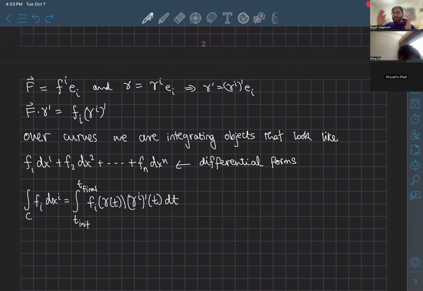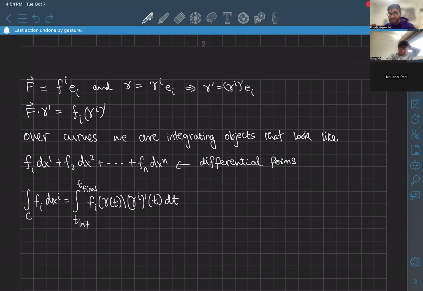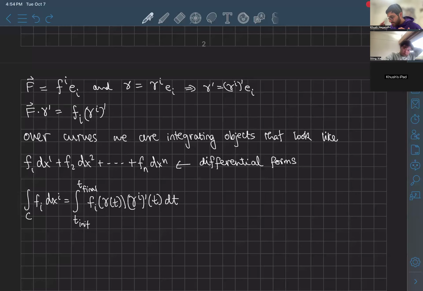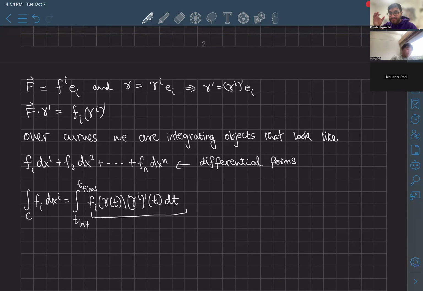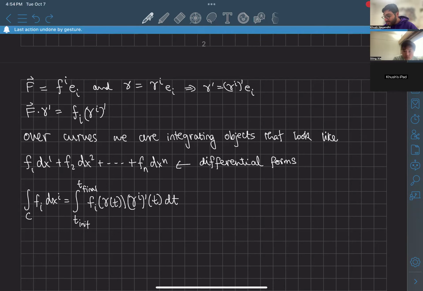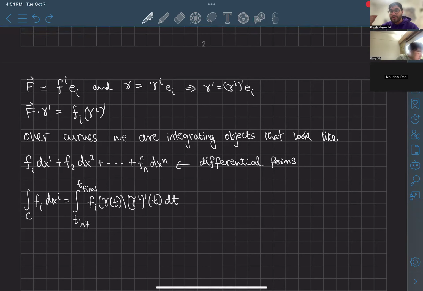But this is a one-dimensional integral we know how to do. This is just what we've learned in first year university, right? You see that the differential form we're integrating here has this dt term, and all these differential forms come into this dt term. And we also see that we're no longer integrating on the curve, we're integrating in R. So this thing is integral over the curve.